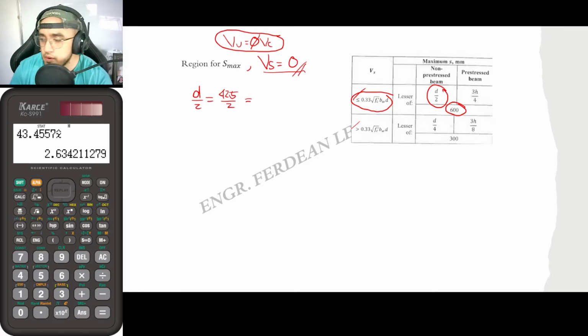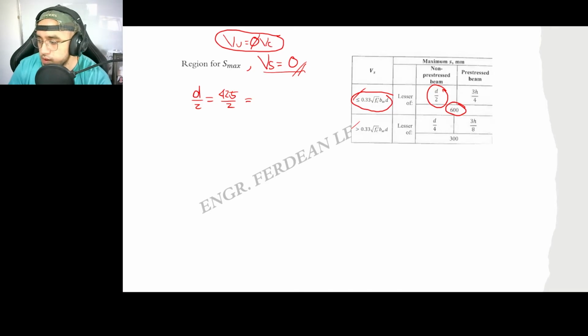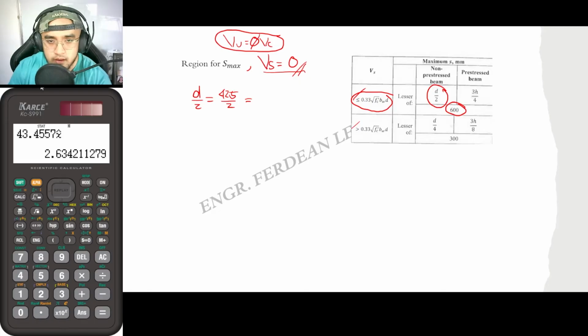Looking at the calculator once again, 425 over 2 is equal to 212.5.